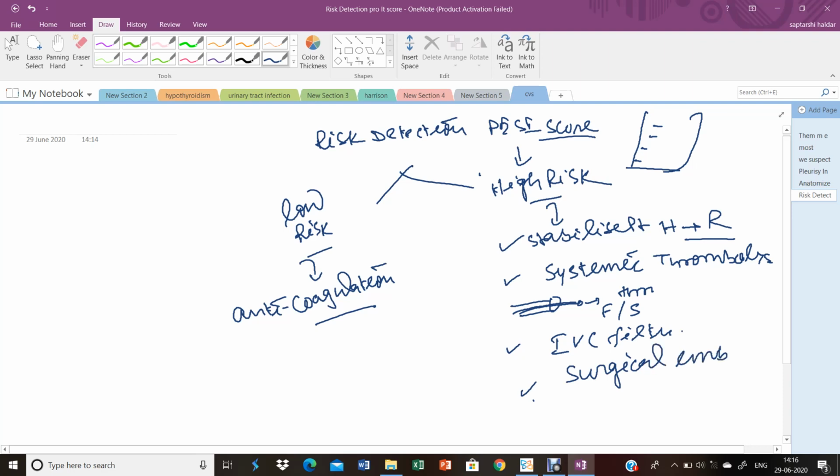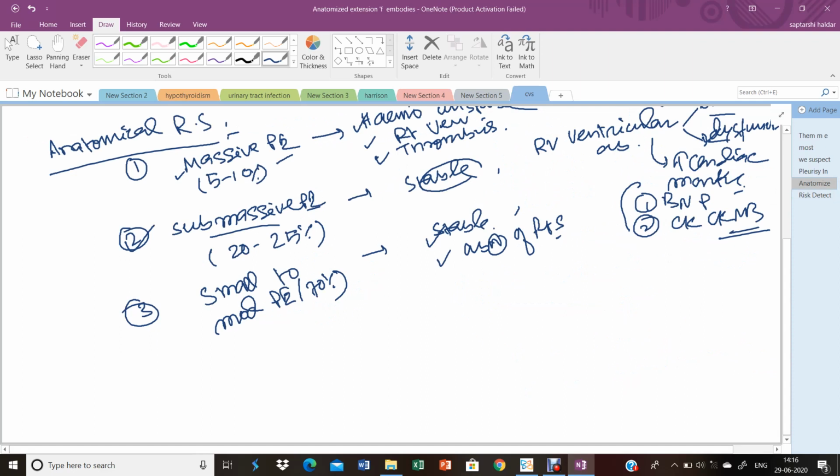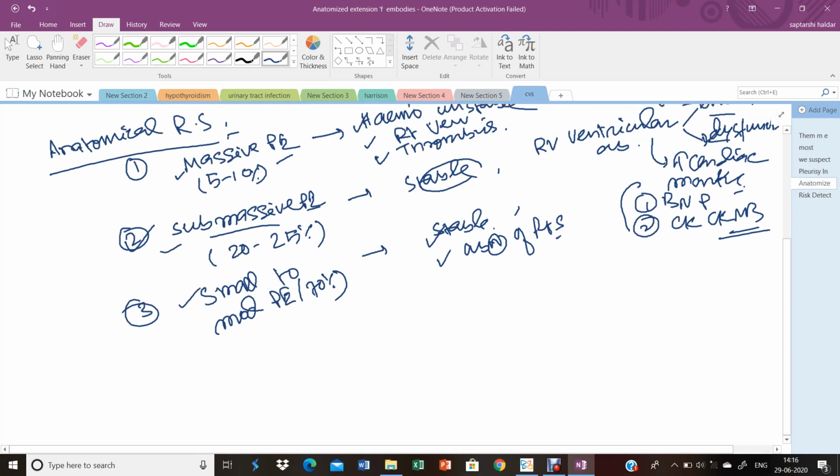By doing this we may overcome the high-risk cases, in which massive pulmonary embolism is seen. Low risk, as per the previous anatomical classification, is the submassive and small cases.